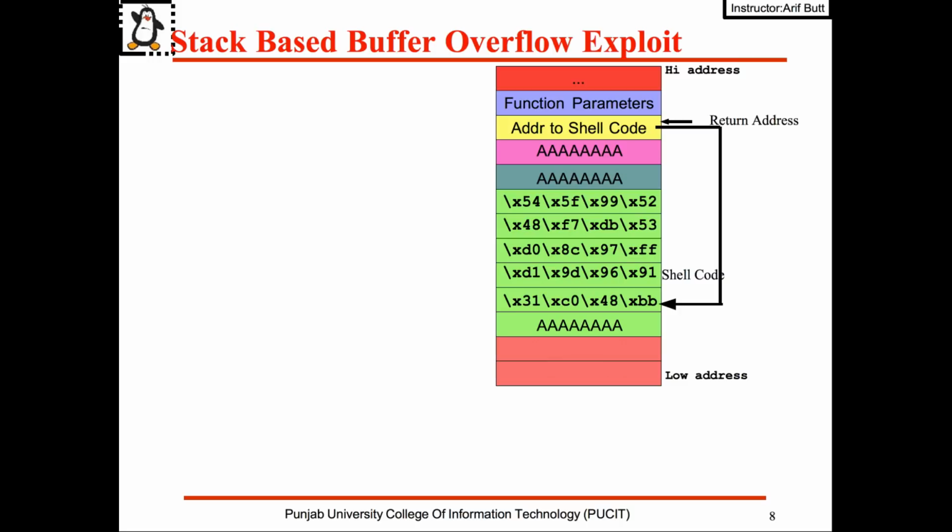Dear students, before I proceed, let me tell you that there are a lot of security protection mechanisms in place these days that protect our system from this traditional or classic stack-based buffer overflow attack. The first is the NX bit, that is, the non-executable bit. These days the process stack, heap and data section are all non-executable, and the text section is non-writable.